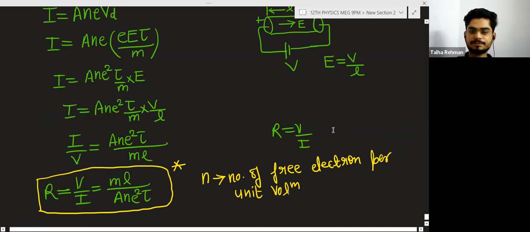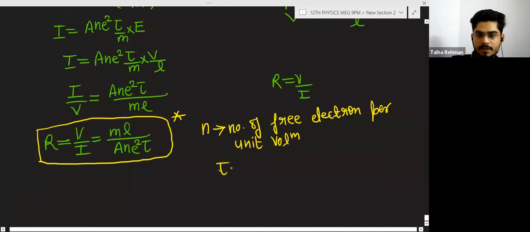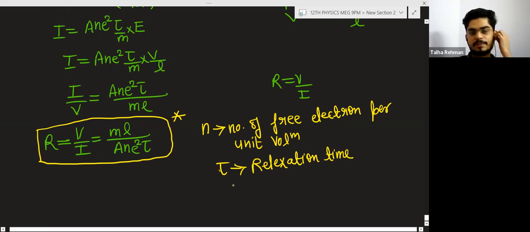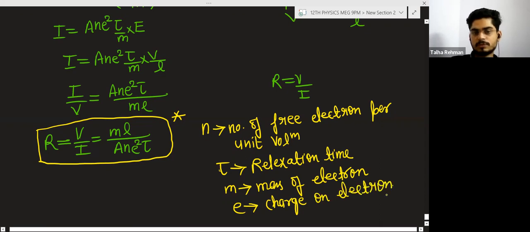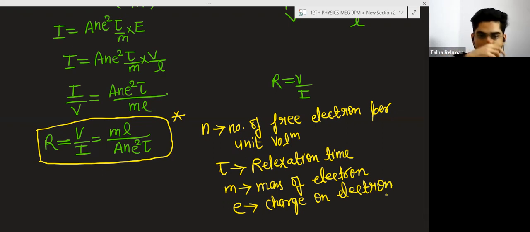Tau is the relaxation time. e is the magnitude of charge on electron; charge on electron is negative, but I am taking just the magnitude. A is the area, L is the length of the conductor, and m is the mass of electron.